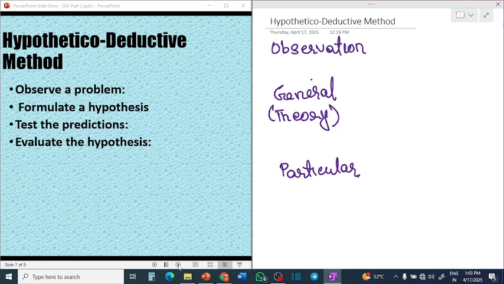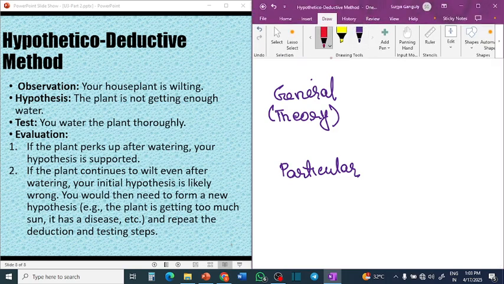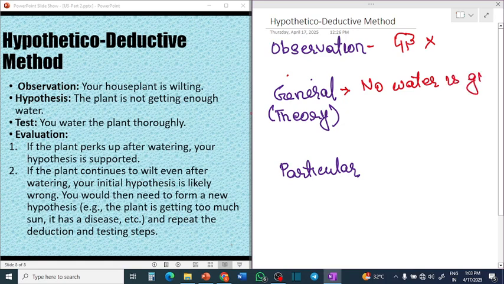So let's understand it with an example. If you look onto the example, you can see that in your house there is a plant and it is wilting. From the theory, what you know is that plants can wilt because no water is given to plants.